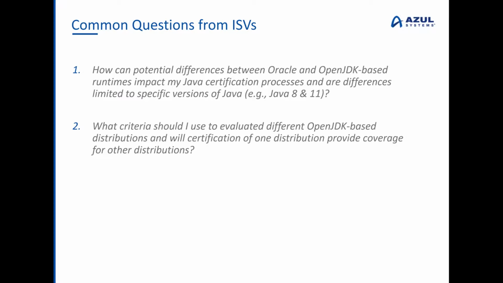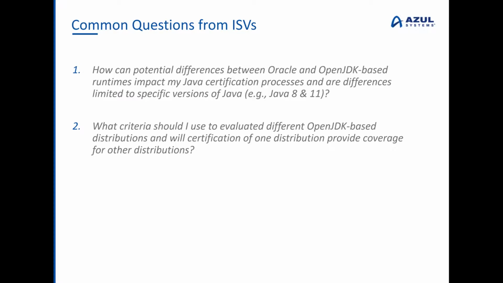The next question is, what criteria should I use to evaluate different OpenJDK-based distributions? And will certification of one distribution provide coverage for others? So as I mentioned, there truly is a very large proliferation of different OpenJDK distributions.